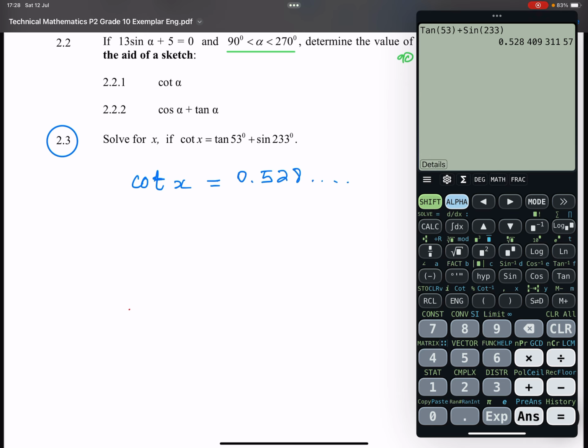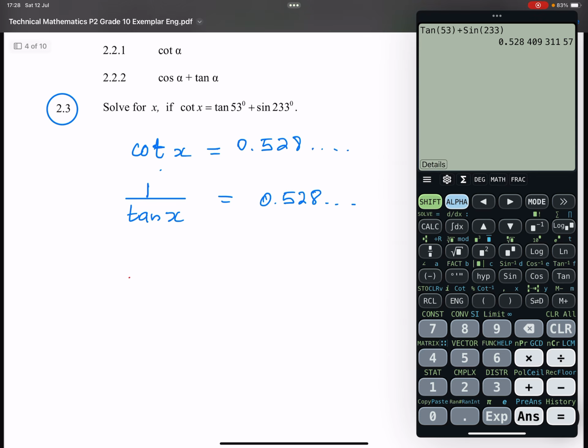But I'm looking for the value of x, right? Now, I want you to please note, ladies and gents, that cot is actually the inverse of tan, okay? So I can say, well, this is actually 1 over tan x is equal to 0.528 and all of that, okay?